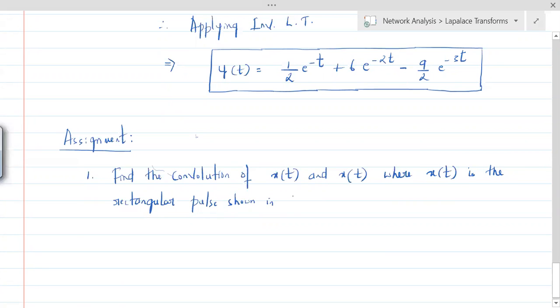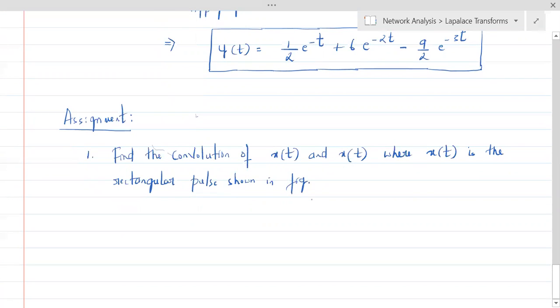What is that rectangular pulse? X of t. See, everybody. Copy this. What is shown here? X of t. Fine. What is this x of t? X of t is this.